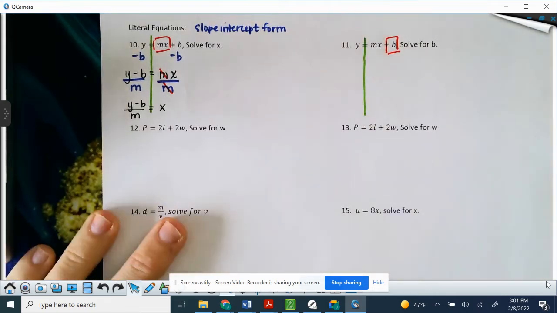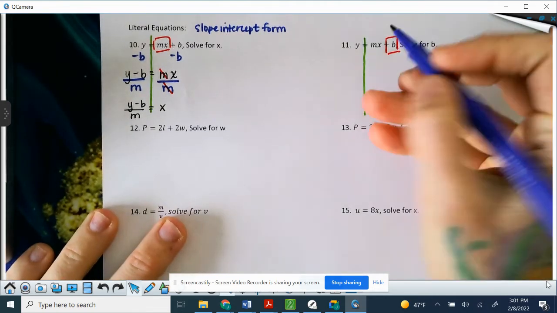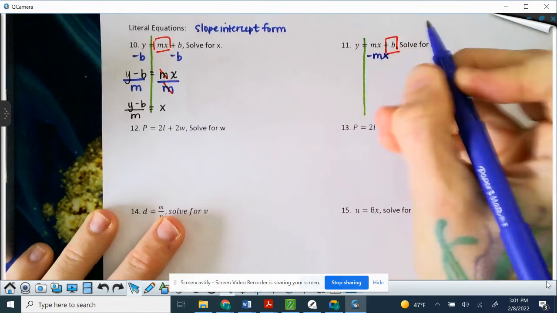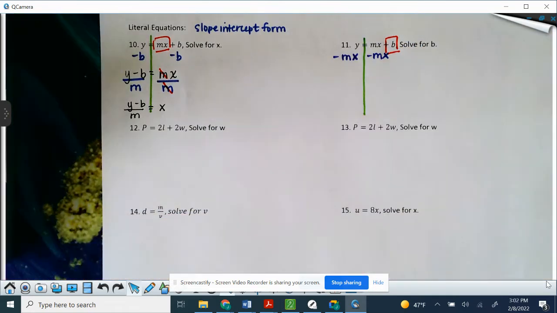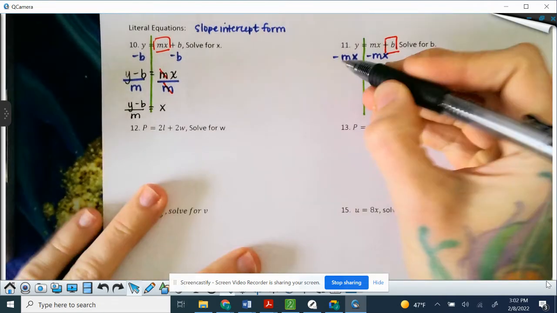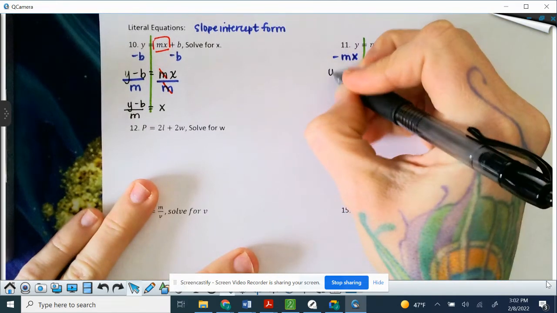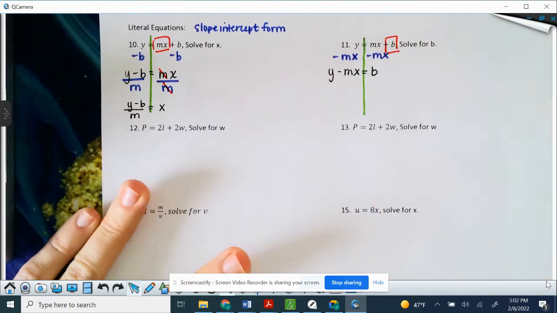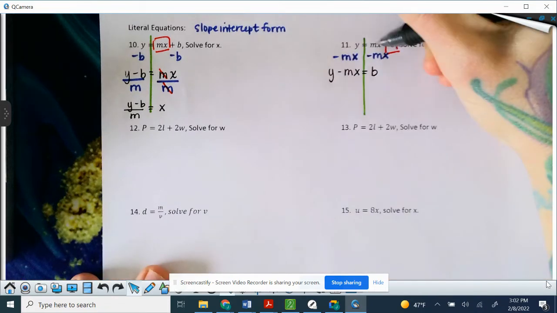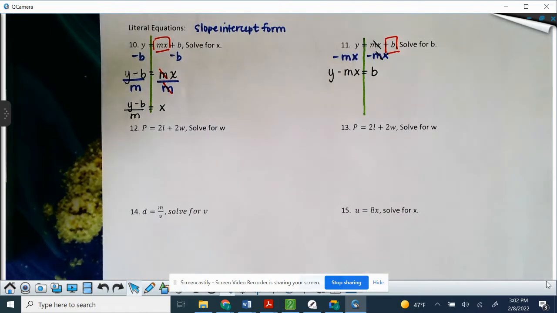So I'm going to subtract mx from both sides because it's a positive mx. And I'm just moving it into the other classroom or the other side of that line. mx and y are not like terms again. And then I have b by itself because that got rid of that mx. You ask yourself, is b by itself? It is indeed. So we're done.